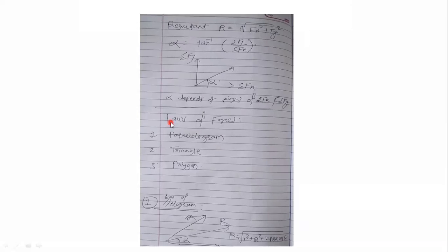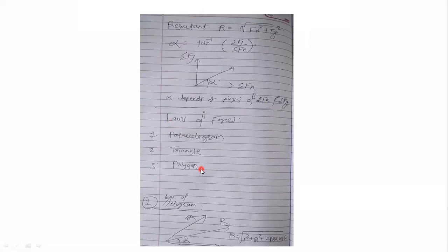Now after that, one of the most important parts of engineering mechanics that we are going to study now is the laws of the forces. Basically, there are three laws in our syllabus: the law of parallelogram, the law of triangle, and the law of polygon.